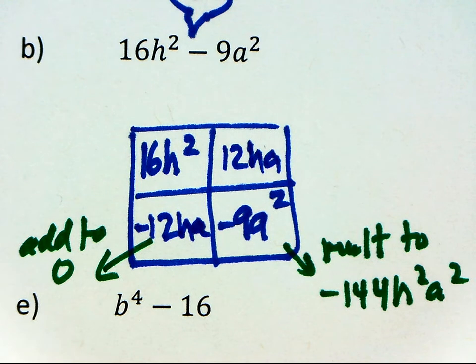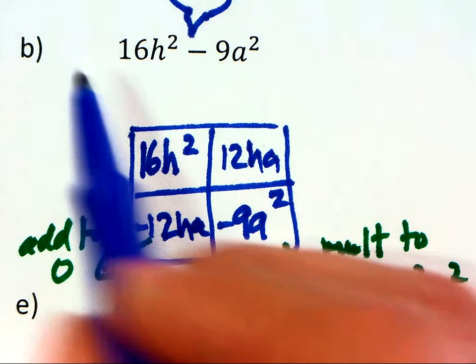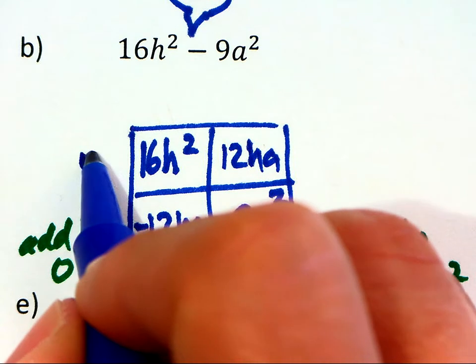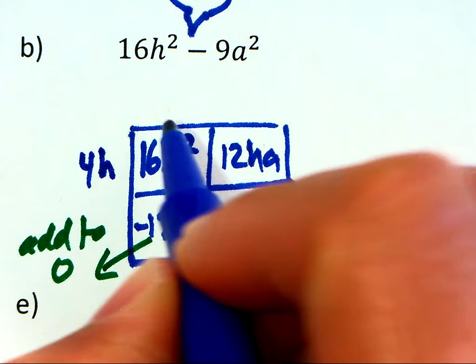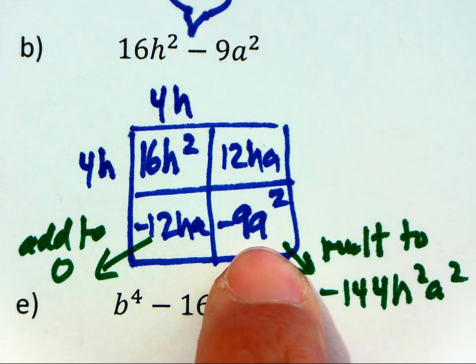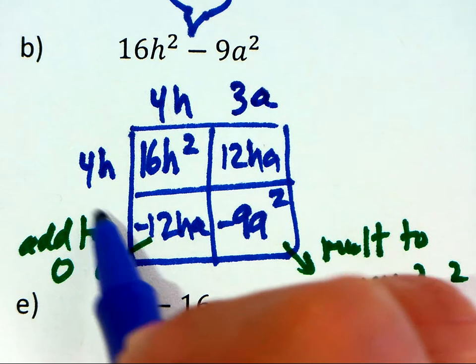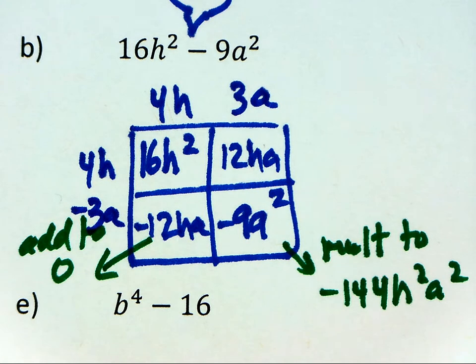Because this was a perfect square, I probably could have just from the get-go realized that this is going to be 4h times 4h, and since that was a perfect square, it was going to be 3a times negative 3a.